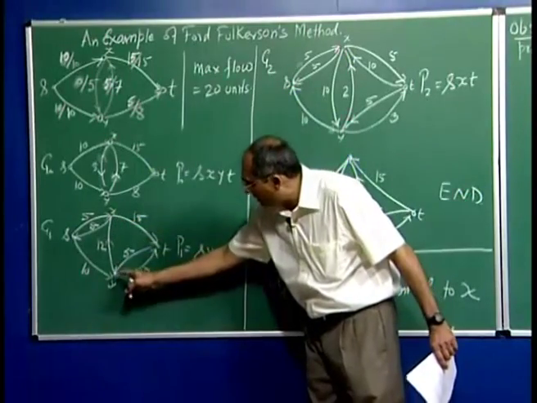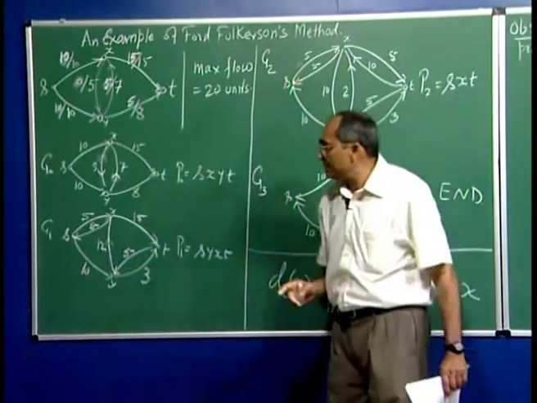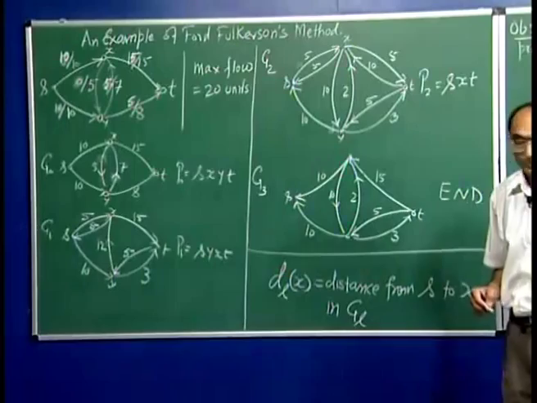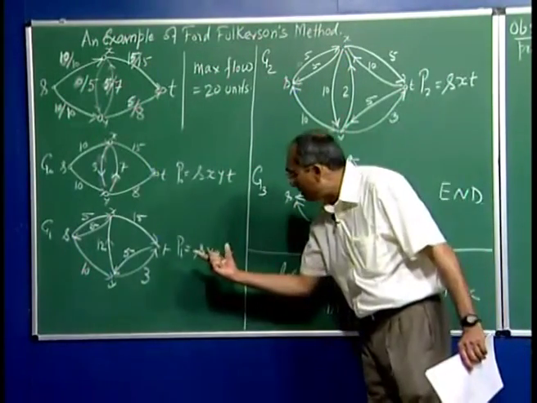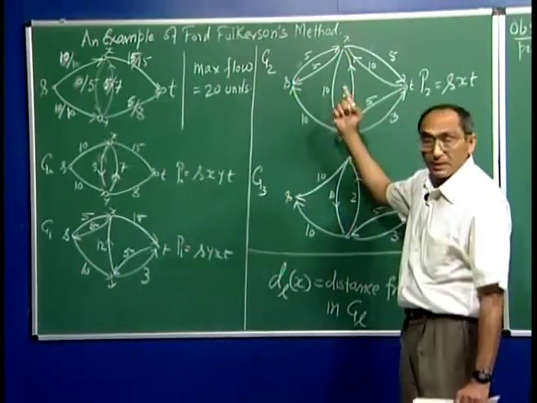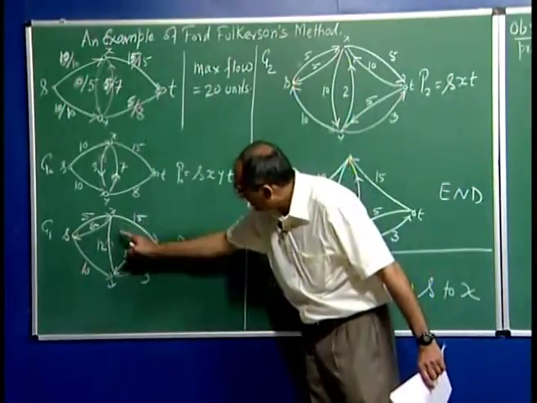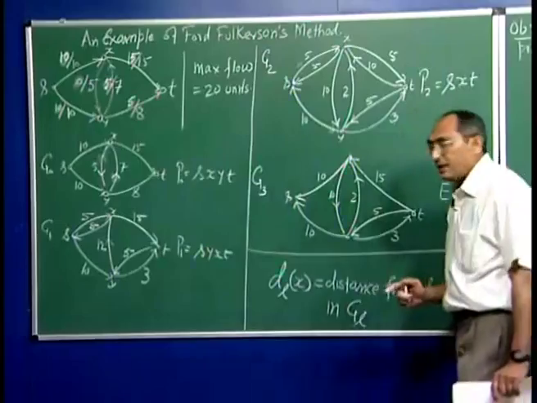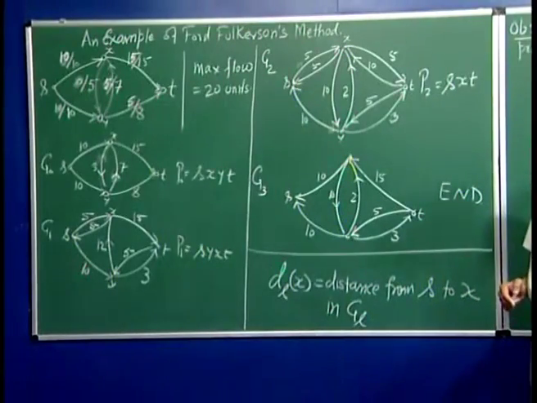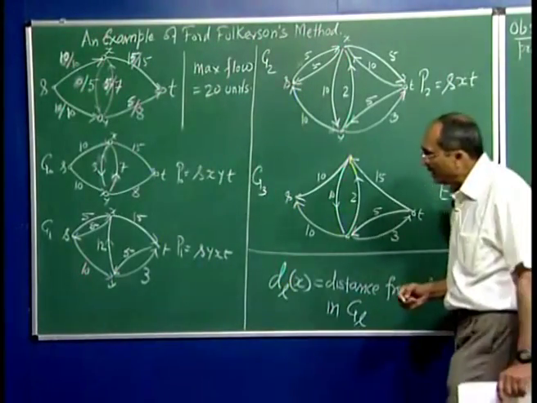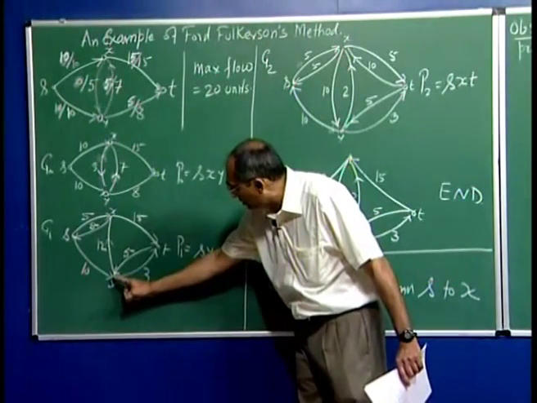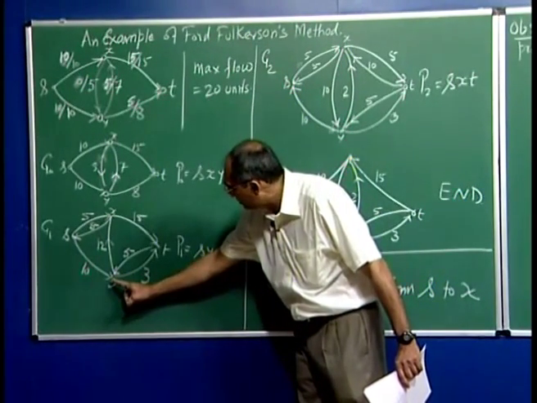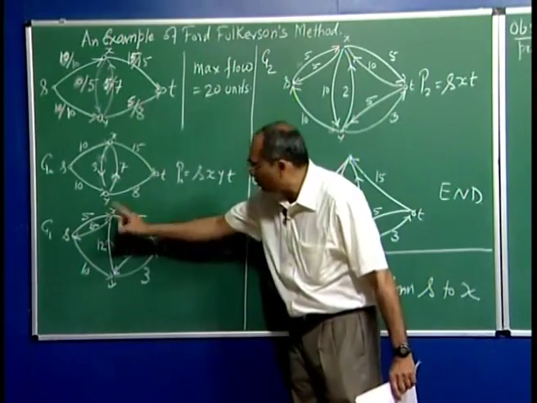The reason must be that it is a saturated edge. There is no capacity there. Something must have happened in our augmentation such that the capacity from x to y re-emerges, and that can happen only if we augment flow in such a way that there is new flow from y to x.